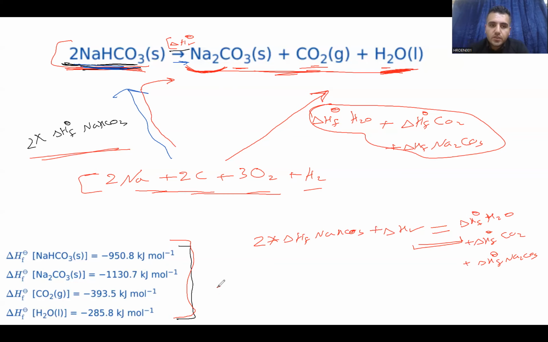So you can say 2 times delta H of NaHCO3, which is minus 950.8, plus delta HR, equal to delta HF of water, which is minus 285.8, plus minus 393.5 for CO2, plus minus 1130.5 for the Na2CO3.